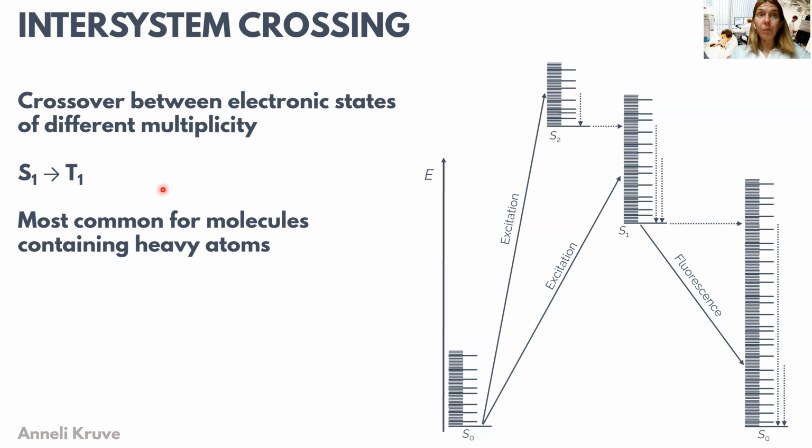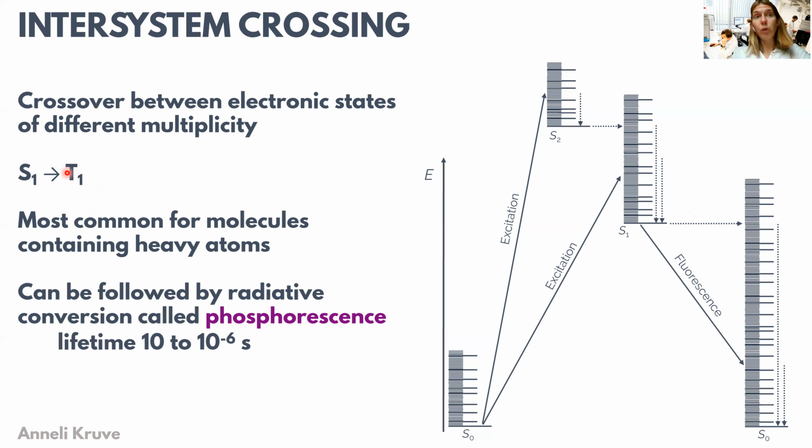And this is most likely for molecules that contain heavy atoms. And the triplet states are important because from triplet states, it's possible that there is a phosphorescence occurring.